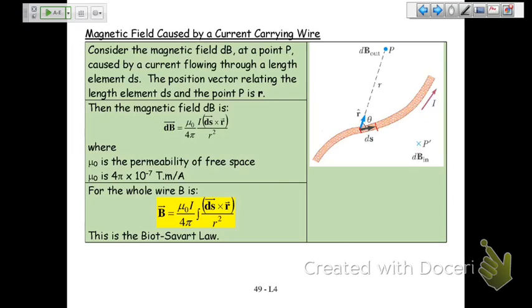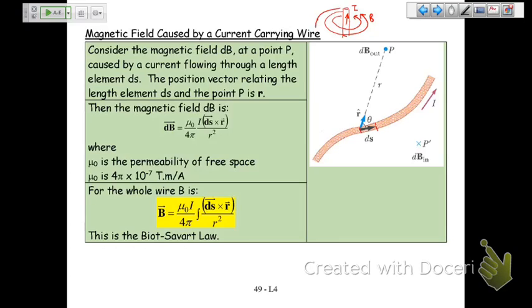So current flows in the direction of ds. That's fair enough. If I think about this, what I would see is as the current flows like that, I have a right-hand corkscrew rule, so the magnetic field, put my thumb in the direction of the current, and my fingers curl around in the direction of the magnetic field.